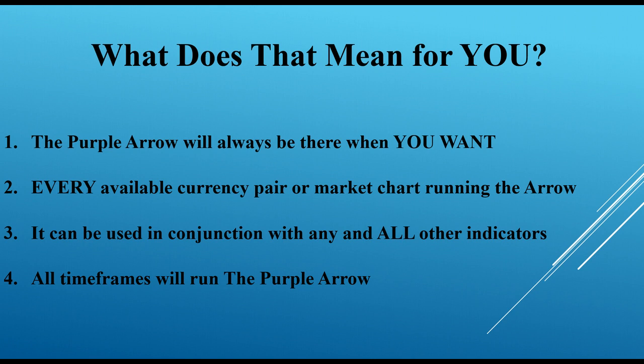One of the really exciting parts about owning the Purple Arrow is that you're going to be able to use it on every time frame as well. It's not just the M1 that the indicator is restricted to. You can use the Purple Arrow on the 5-minute charts, the 15-minute charts, the hour charts. Any time frame that you have on MT4 will be available for you to run the Purple Arrow on.